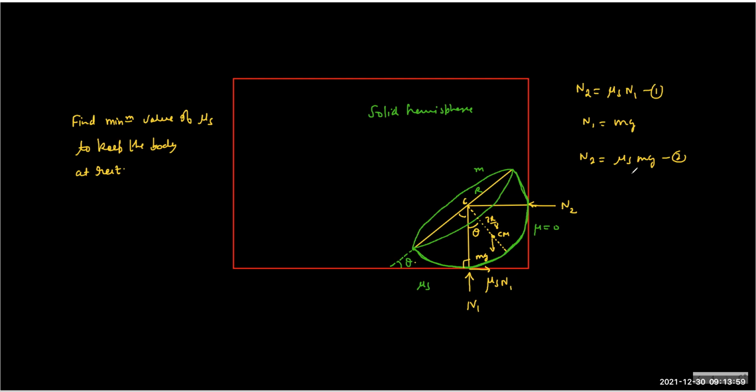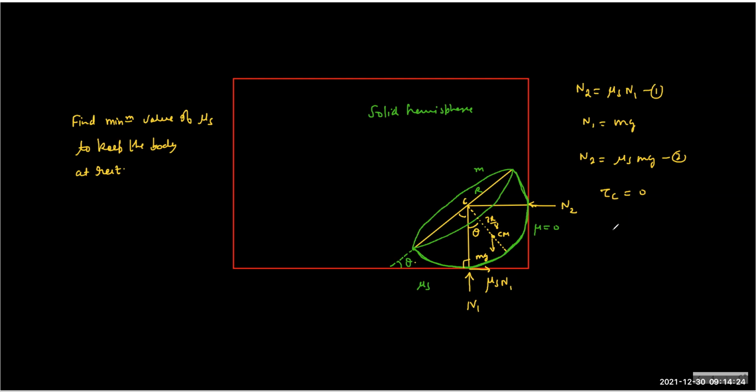So we need to take some torque. The best point to calculate the torque is point C. Why? Because N1 passes through C, so the torque of N1 about C will be 0. Putting the torque about C equal to 0 will give you the desired result. Although you can choose any other point, like the bottom or the wall point, this is the best choice.